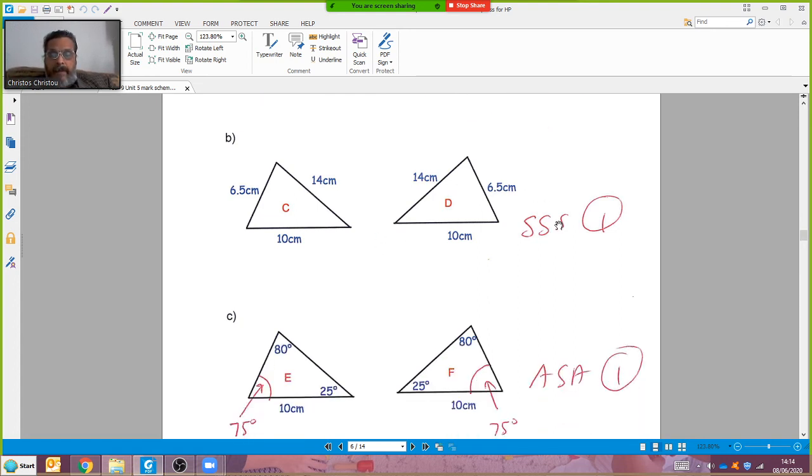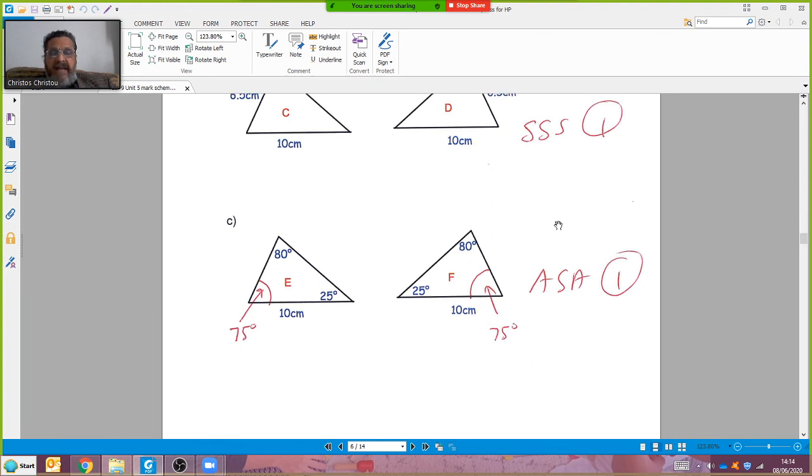That's it. This one is an ASA rule, or as some of you put down, AAS rule, which is okay, because if you got these 2 angles, 80 and 25, then the third one's got to be 75. And look what you got. You got an angle, a side, and an angle. Here, the side is the included part. What do we have over here?